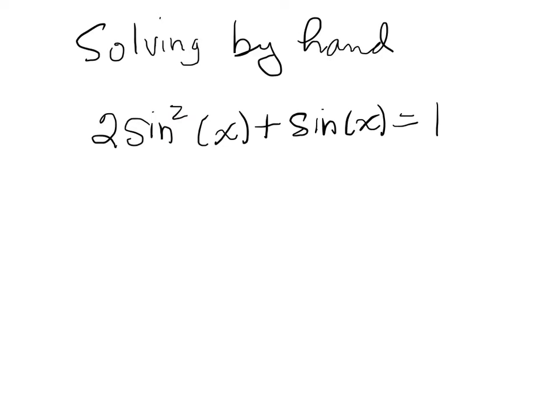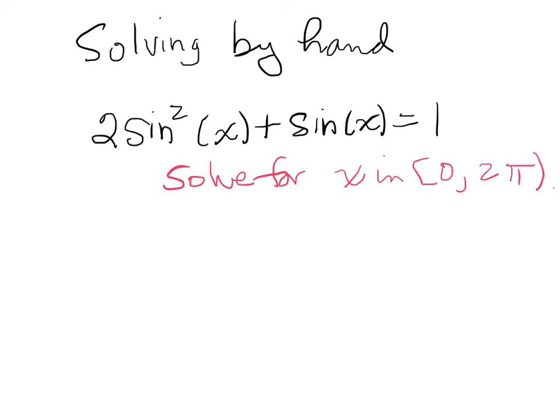One of the things that you know is that the best way to solve a quadratic equation is by factoring, if we can. And just one more point, we're going to solve for values of x in the interval 0 to 2 pi, so just one rotation of the unit circle.